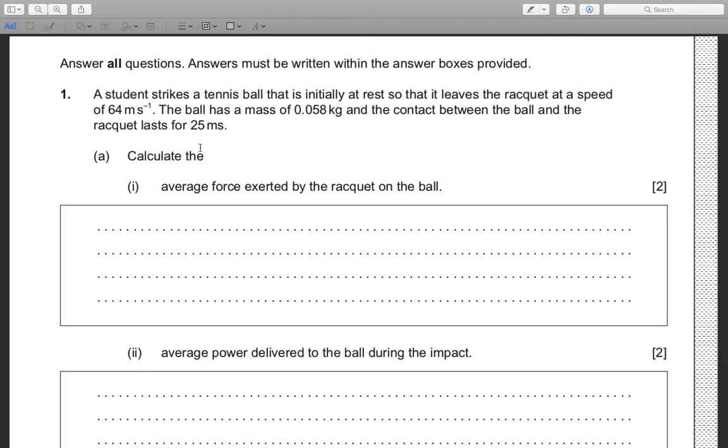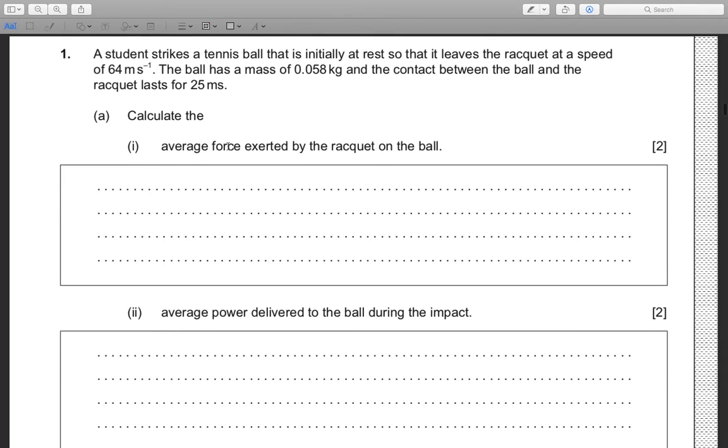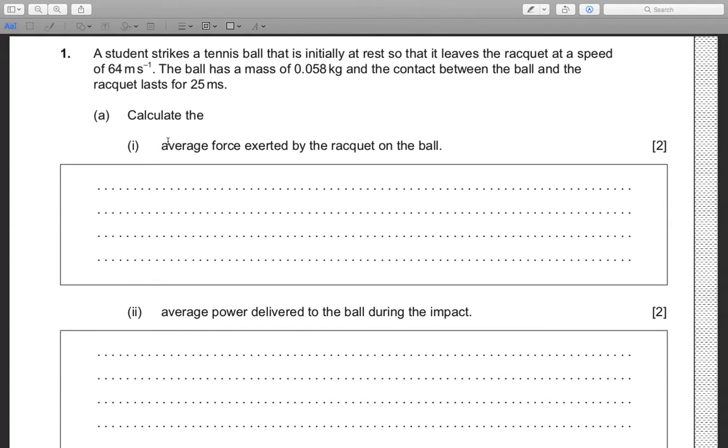The ball has mass 0.058 kilogram, and contact between the ball and the racket lasts for 25 milliseconds. Calculate the average force exerted by the racket on the ball.